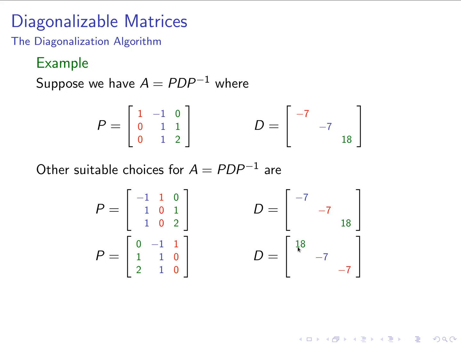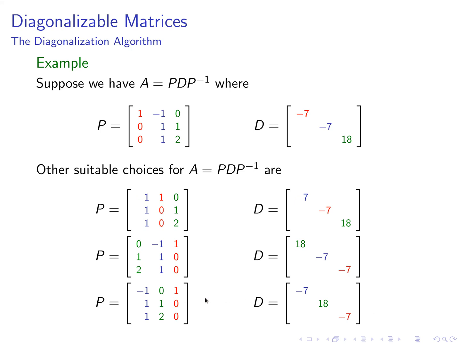So now D looks like 18, -7, -7 on the diagonal. And if you wanted to, you could also write P as blue column, green column, red column, in which case D would need to be blue number, green number, red number. So D would have the diagonal entries -7, 18, -7.